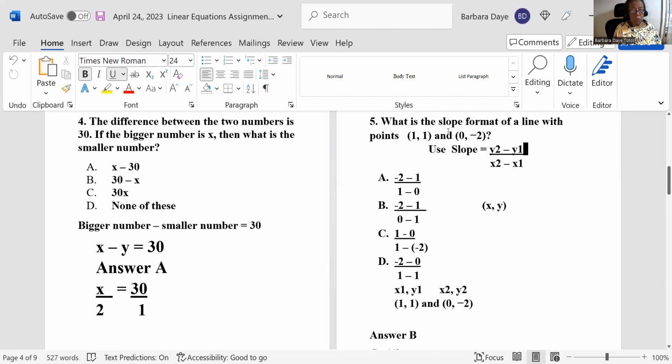They're all 2s, all 1s. You got it? Any questions on number 5? So that's the way you find the slope, by finding the difference in the Y values divided by the difference in the X values.